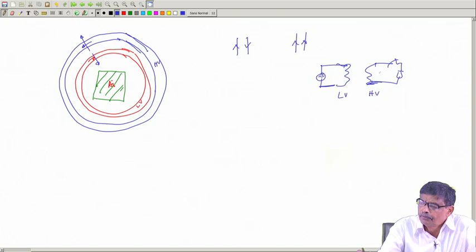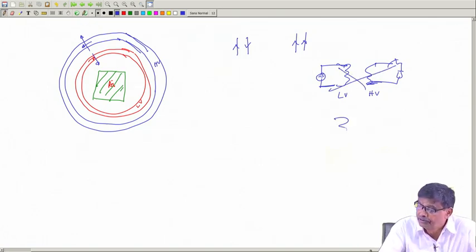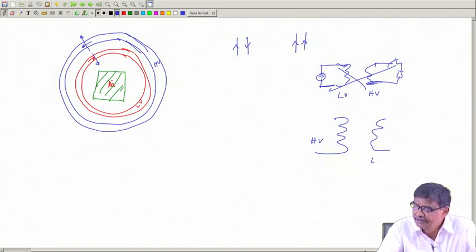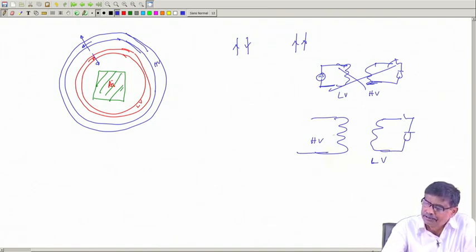Or I will draw it the other way to introduce the problem. So, this is suppose HV, this is the LV side. It does not matter in any way, this is the load. You load the transformer, then what happens?